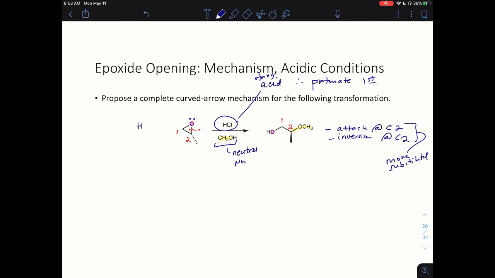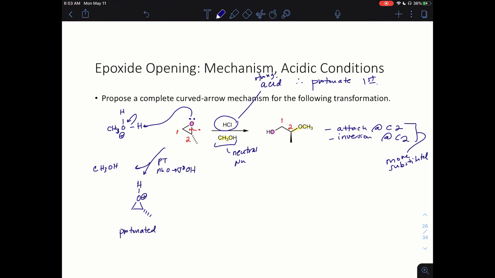Now, of course, when HCl is added to methanol, it immediately protonates methanol, just like it would immediately protonate water. And so we really have protonated methanol as the acid. If you would like to show HCl, that is certainly up to you. But I'm going to show protonated methanol as the acid because that reflects what's actually going on in solution.